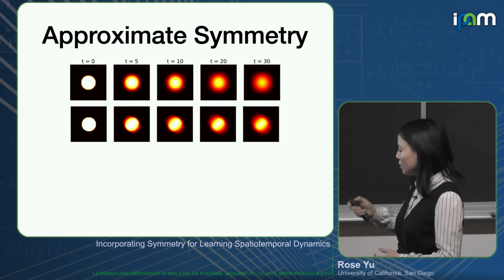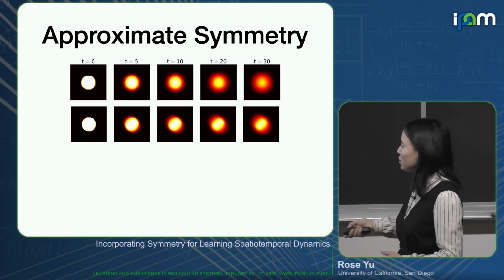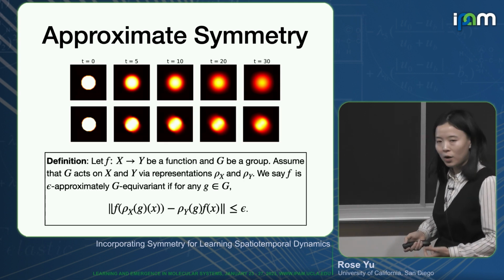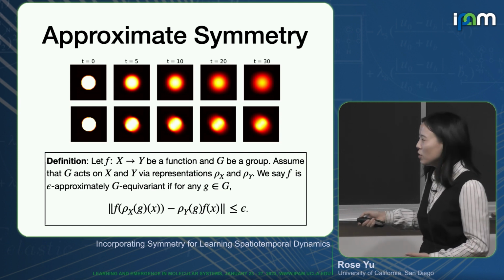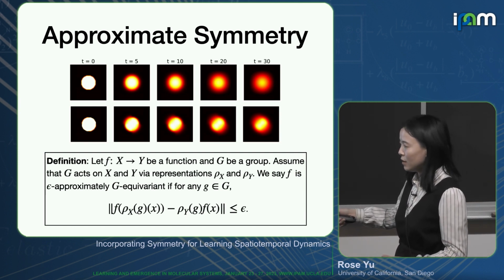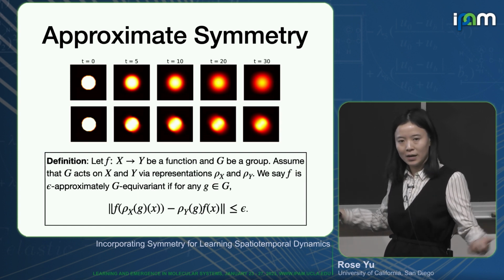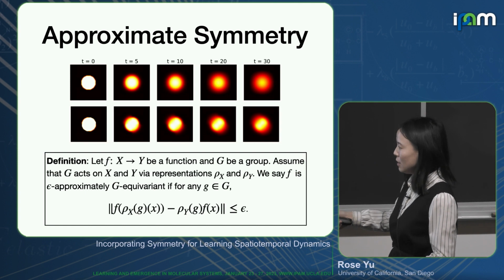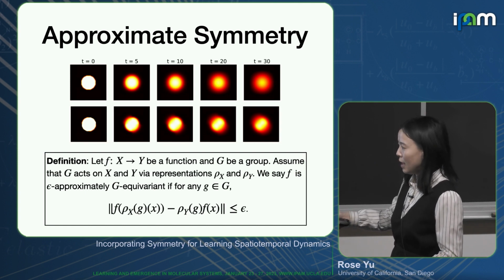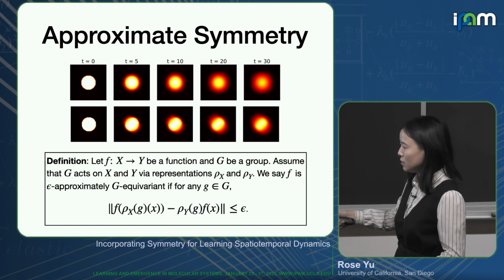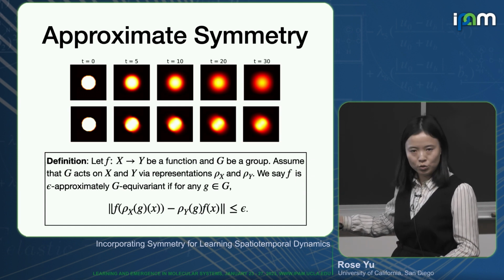Given this phenomenon, let's define a more general notion of approximate symmetry. It is actually very simple. Equivariance is defined via equality, so let's relax it: we make the equality an inequality. If my function f is approximately equivariant, then I can upper bound the gap between these two terms.